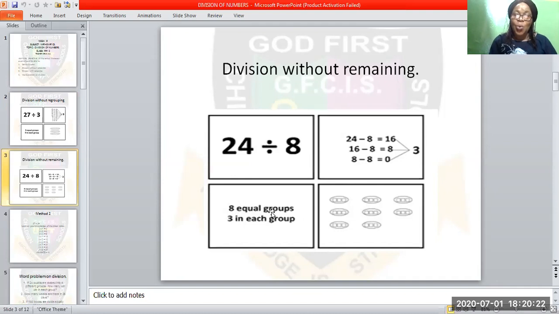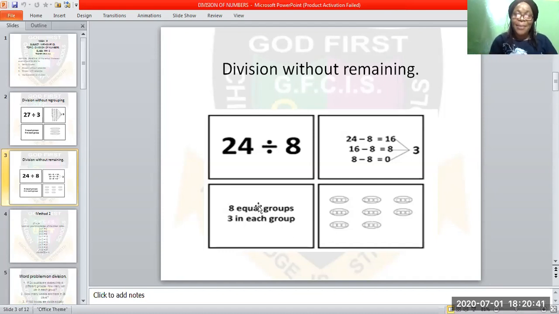Now, 8 equal groups and 3 in each group. We have over here 8 equal groups, 3 pebbles in each of these groups. Do you understand?